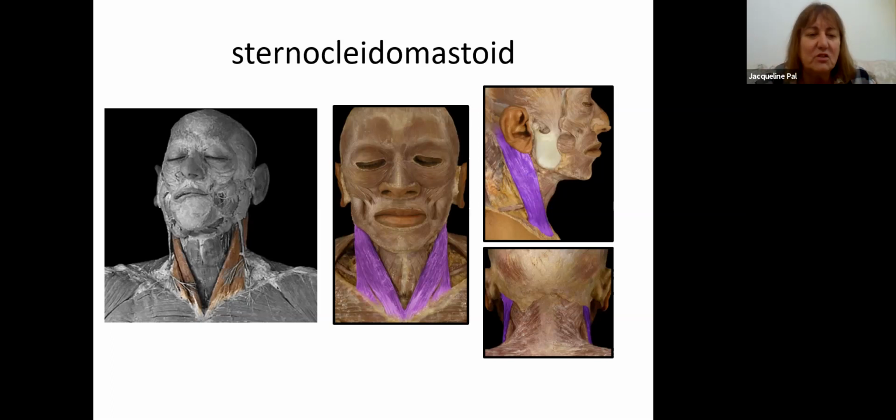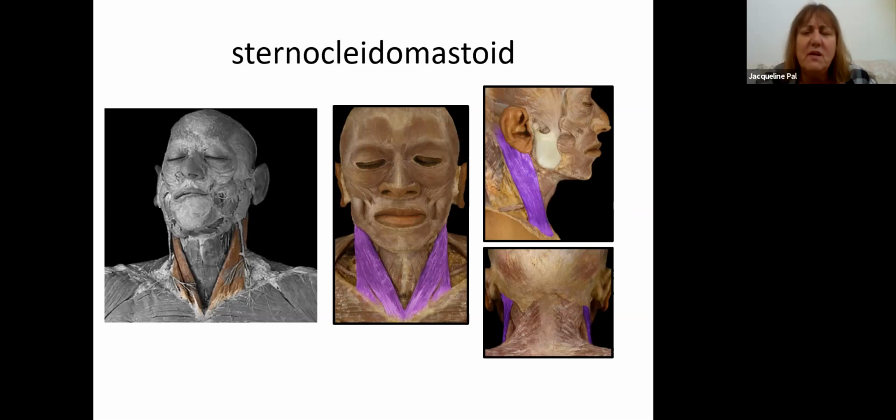And if you look at the pictures, what you will notice is this muscle actually has two heads or two origins. A good proportion of it comes from the manubrium, but then a whole other head comes from the clavicle, and then they join together to have a common insertion on the mastoid process.